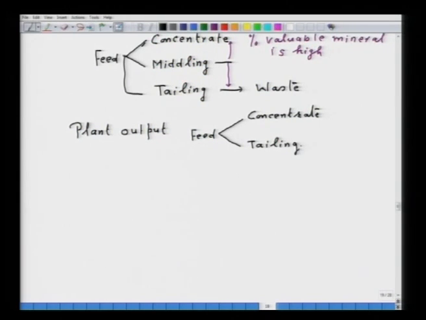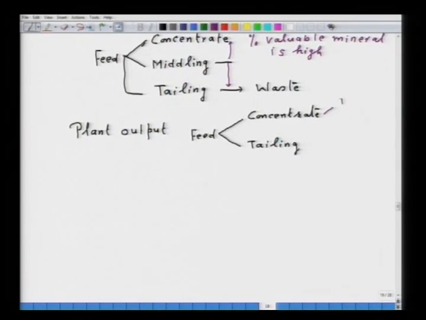This is the output of a plant, that means feed is separated either as concentrate or as tailing. This concentrate is dried or in wet condition and sent for metal extraction, while tailing is a waste and it is dumped or sent for waste treatment, whatever you want to do.